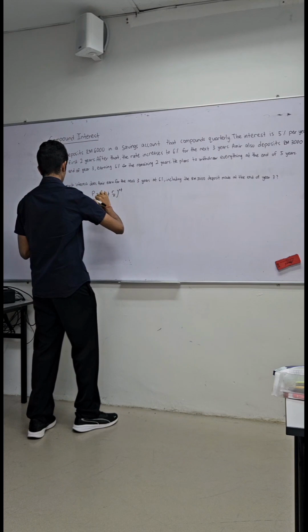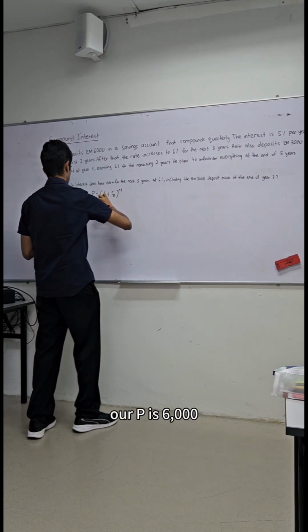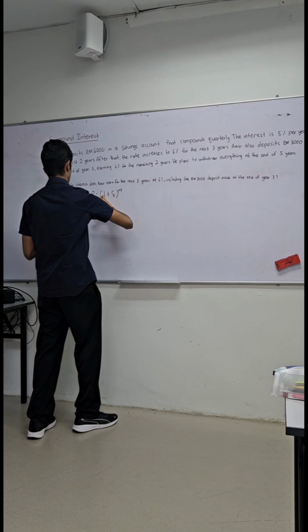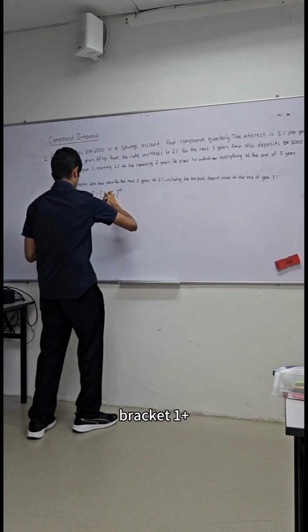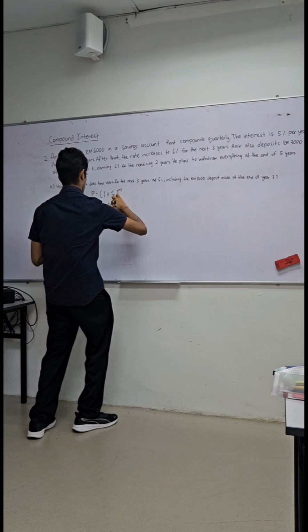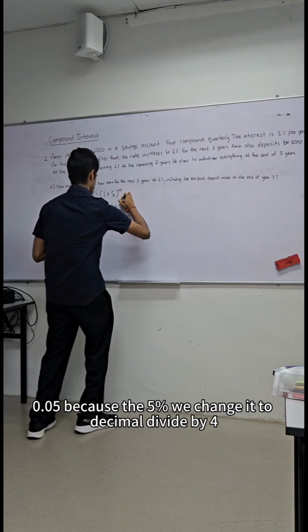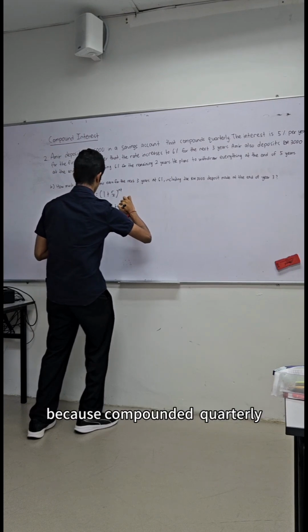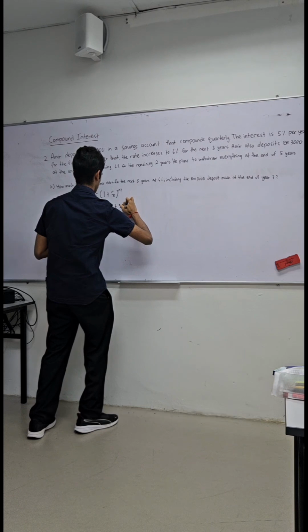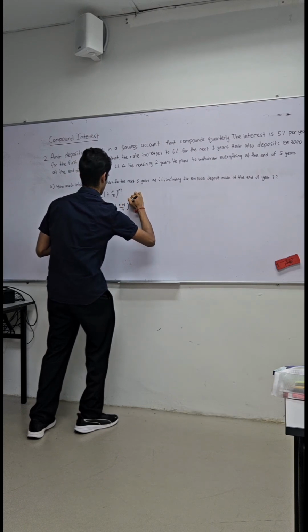So here our P is 6000 bracket 1 plus 0.05, because the 5%, we change it to decimal, divided by 4 because compounded quarterly, to the power of 4 times 2 years.